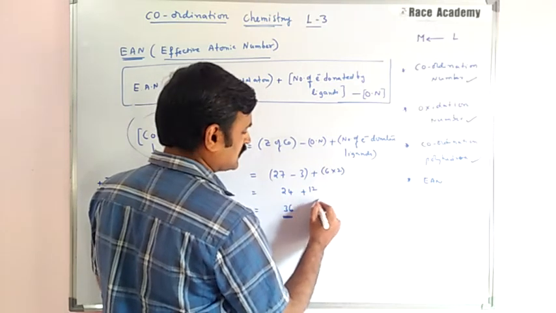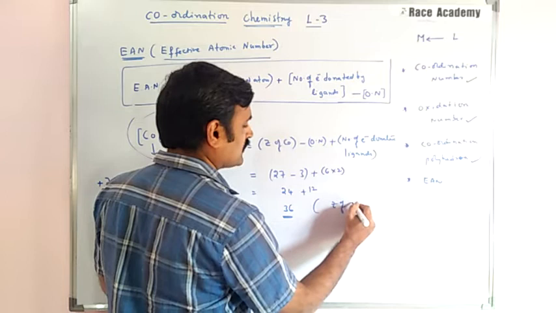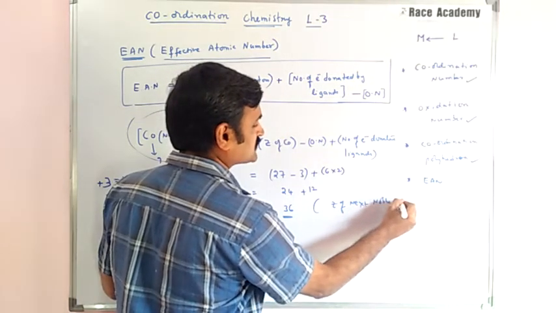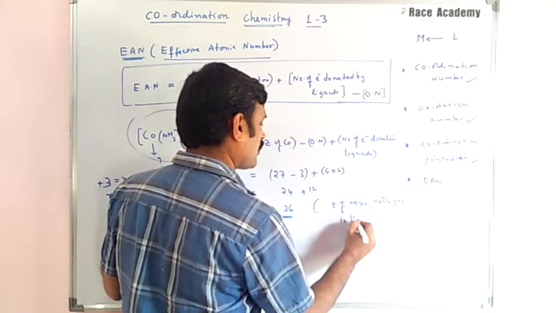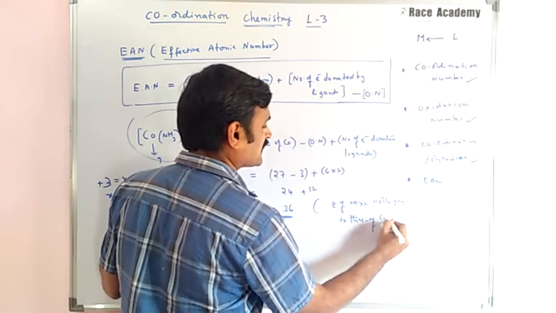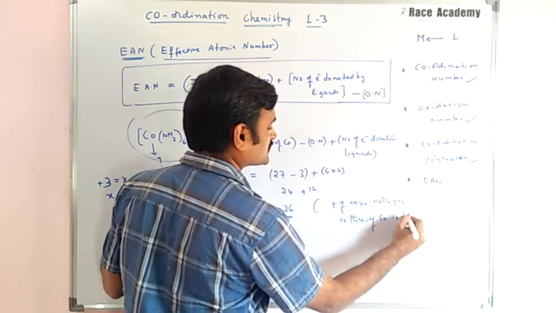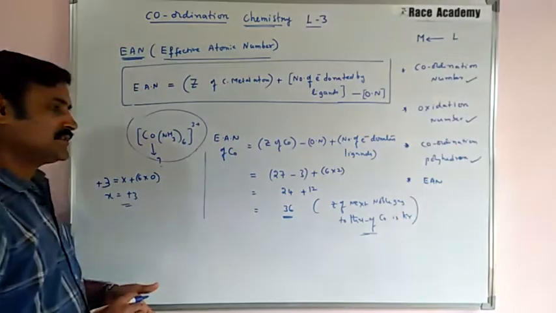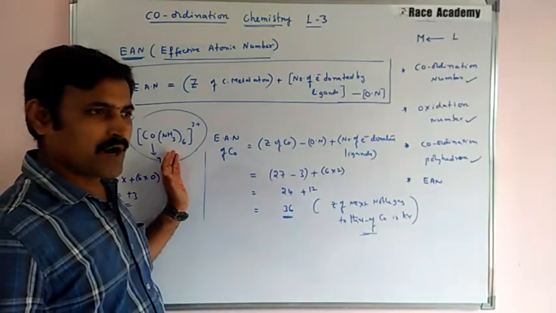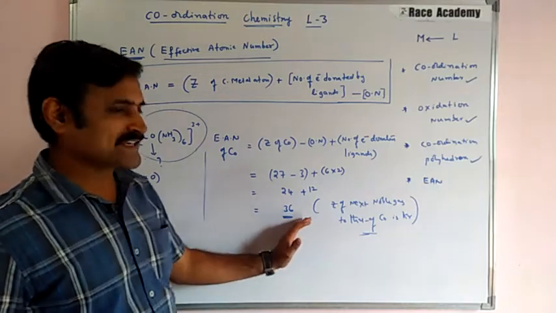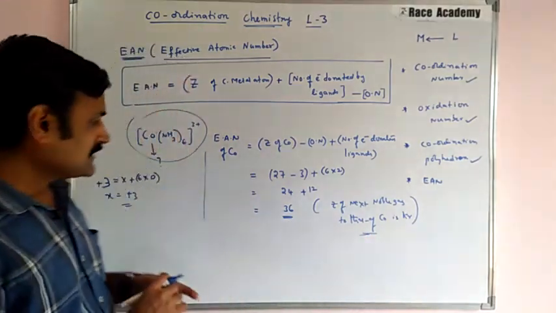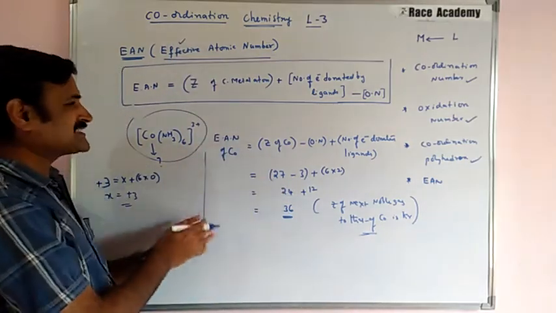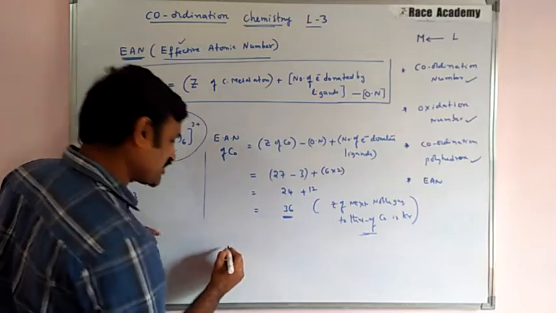So 36 is actually the Z of the next noble gas to that of the central metal cobalt, which is krypton. So obviously this cobalt in this complex is reaching the next noble gas atomic number, which means that the effective atomic number of this cobalt makes this cobalt complex more stable.